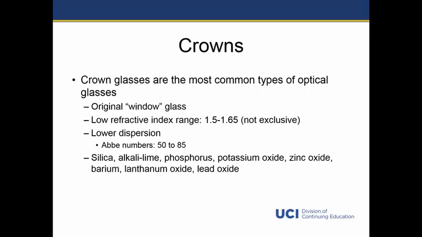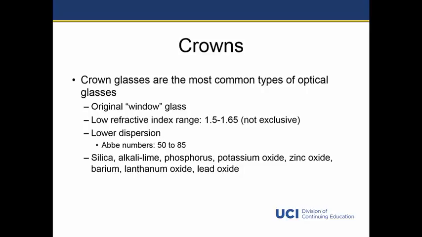Additionally, lead over the last 20 years or so has been phased out of a lot of optical manufacture, but not completely. And it again is these different materials and different combinations that allow components that behave differently, allowing us to create better optical designs.